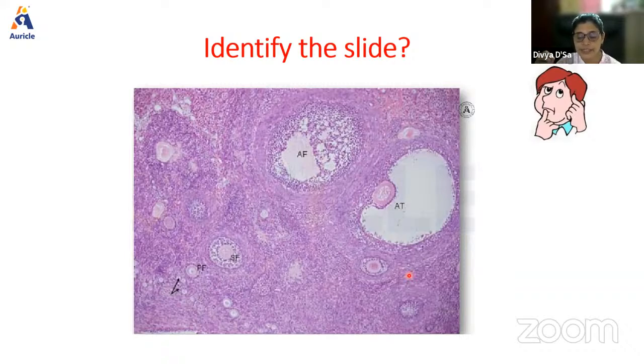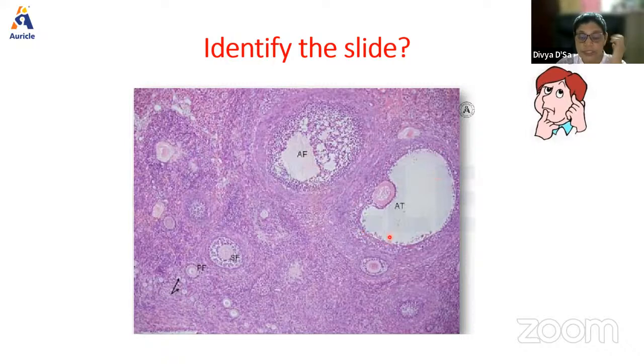So only if fertilization occurs will the follicle complete its development, that is meiotic division. Otherwise it doesn't. Sorry, I said mitotic, it is meiotic division, the first meiotic and the second. So here the meiotic division will be complete.